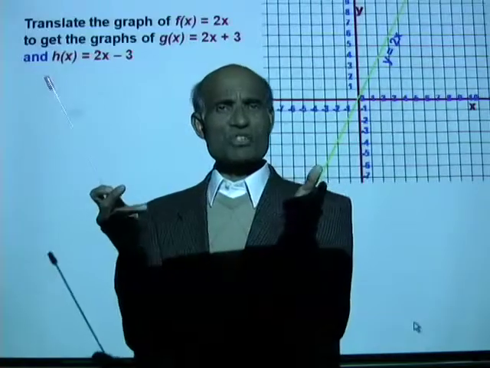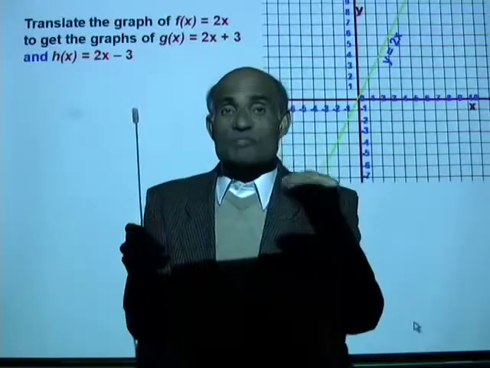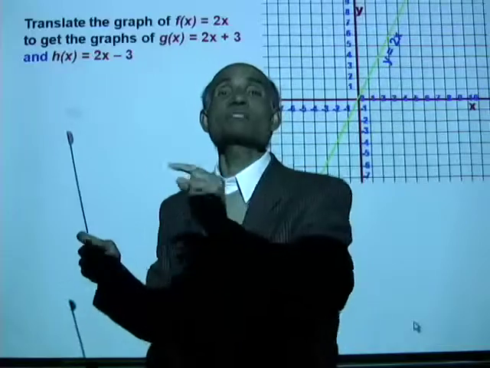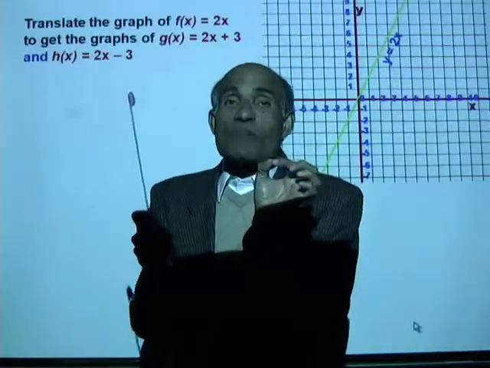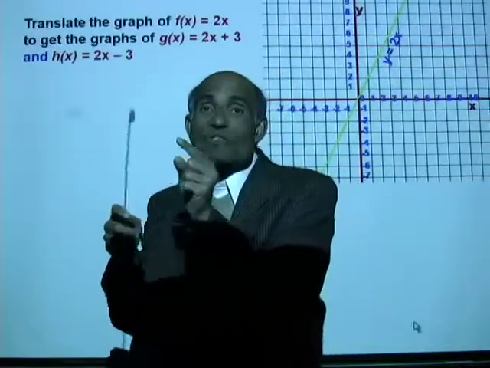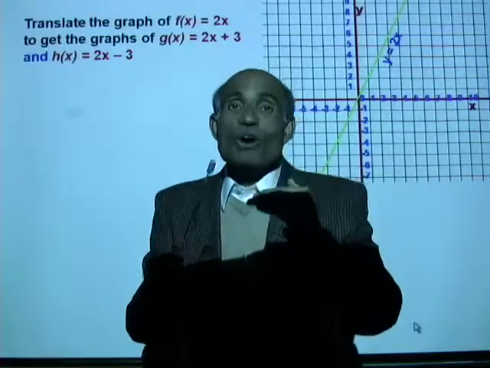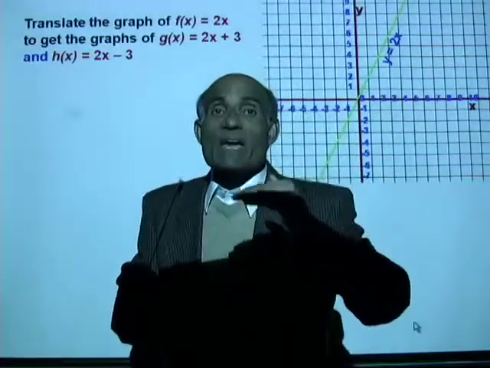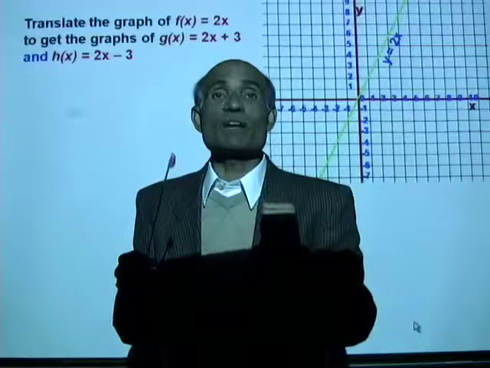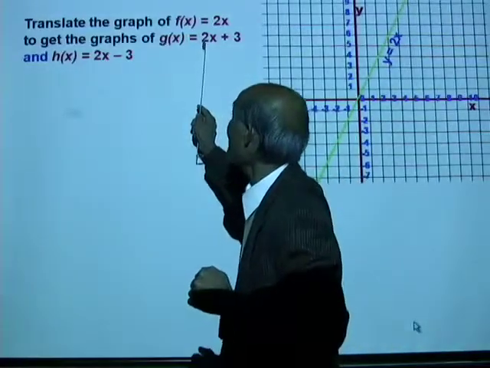You remember that concept? F of x minus h plus k. The role of the h is to translate the graph horizontally. Role of the k is to translate vertically. And here you also have an a.